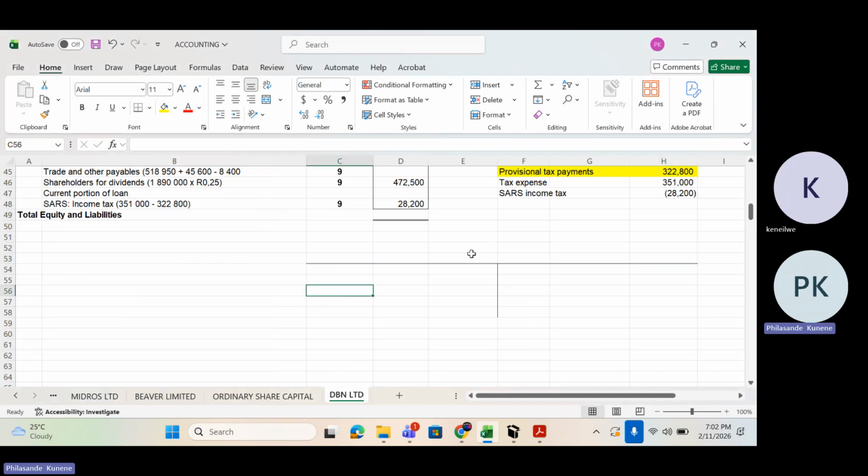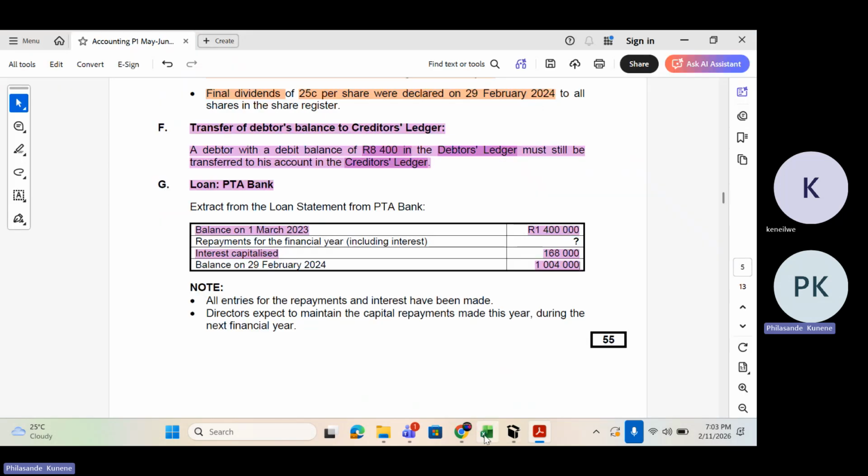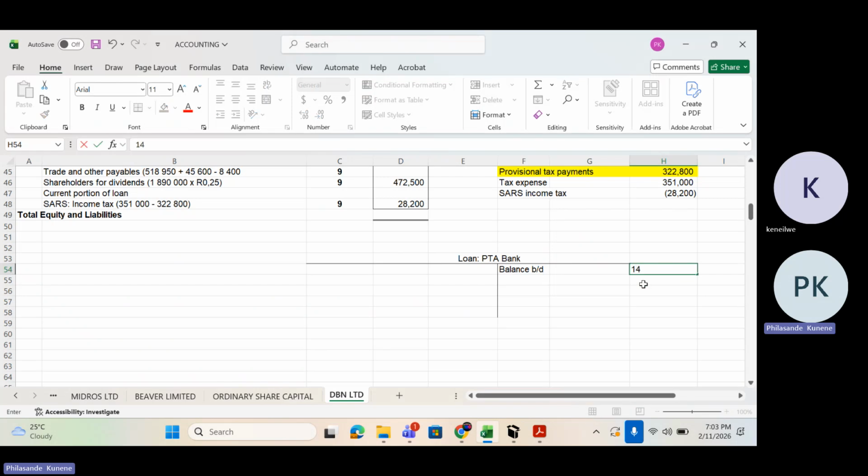So what is happening here? We have this loan account. I'm going to have loan here, and then we have PTA Bank. First thing I need to do is my balance brought down on the credit side. It will always be on the credit side, and how much is my balance brought down here? It is 1,400,000 rands, which is the balance at the beginning. On the debit side, what am I going to have there?